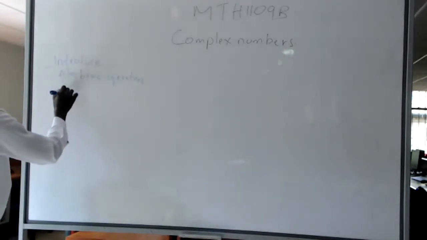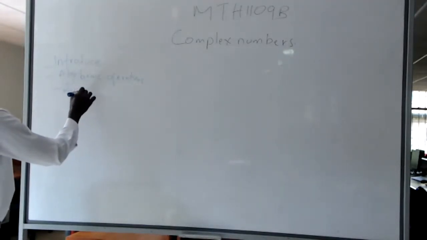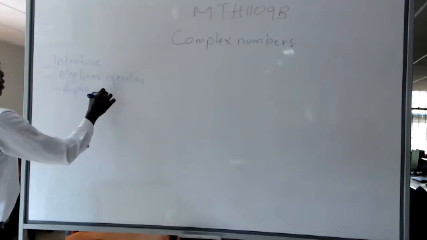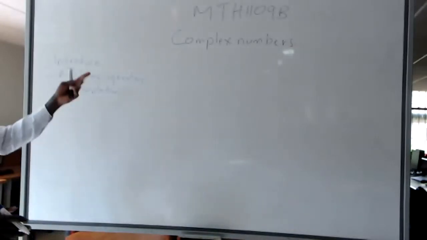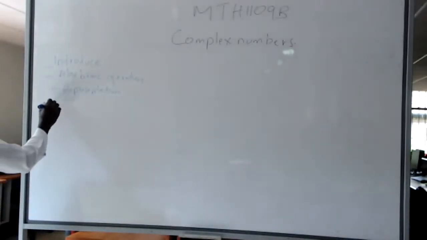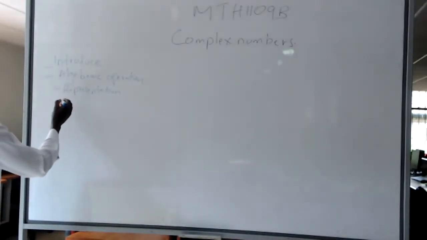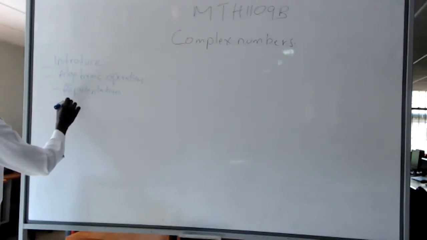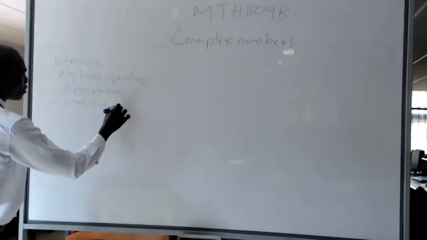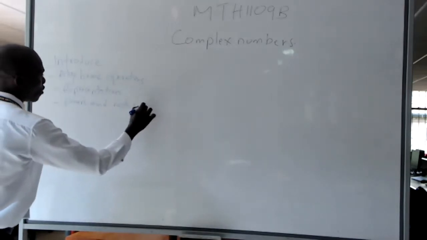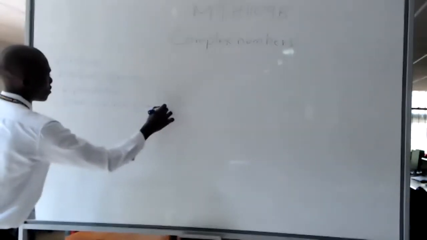Then we will look at representation. So the same way we can represent real numbers on a real number line, we will see the equivalent for complex numbers. Then we will see how to find powers and roots of complex numbers.